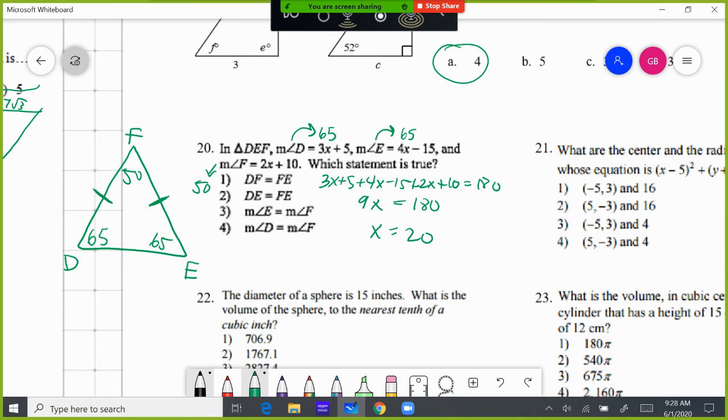So now we know that DF and EF are the same. So that's option number 1. DE and FE, no, that's not true. Angle E and F, no, those are not congruent. D and F, no, those are not congruent. So the first option is correct.